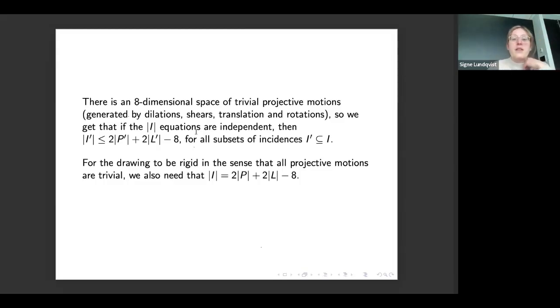So if these I equations are linearly independent, then you have to have this counting condition satisfied for all subsets of instances. And for the drawing to be rigid, by which I mean every projective motion is a projective transformation, then we also need the equality satisfied for the whole instance geometry here.